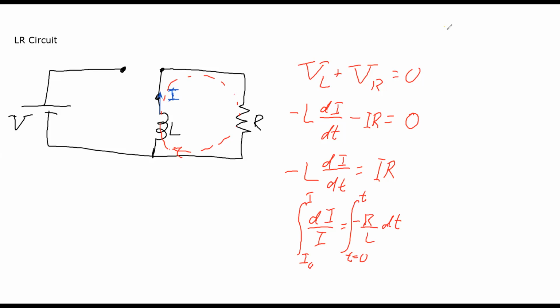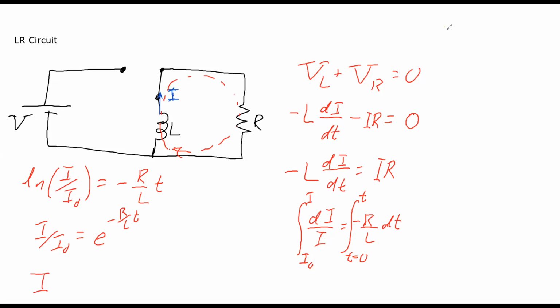On the left side, I get ln of I over I0, and on the right side, I get negative R over L t. Since we have a natural logarithm, let me take e to the power of both sides, and the ln goes away. So I over I0 equals e to the negative R over L t.